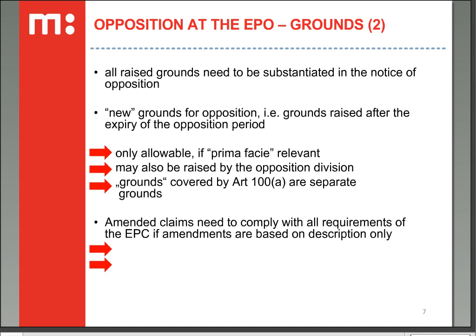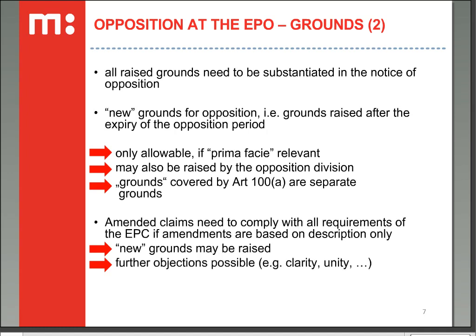So meaning if the patentee amends his claims and enters features from the description, you may raise new grounds. And of course, you can then also raise further objections which are not mentioned in Article 100 of the EPC. So not only you can raise new grounds of the opposition, but you can also then start clarity objections, unity objections, and the opposition division needs to take them up.